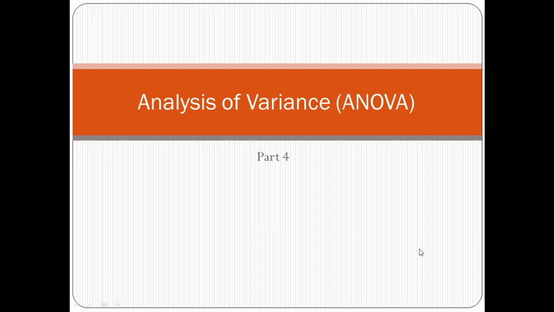Why? If ANOVA is not significant, it tells us that there is no significant difference between any groups. Therefore, we should stop here and write up the final results for our study.